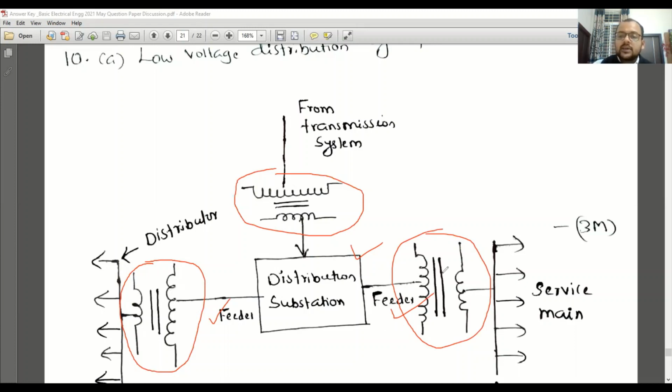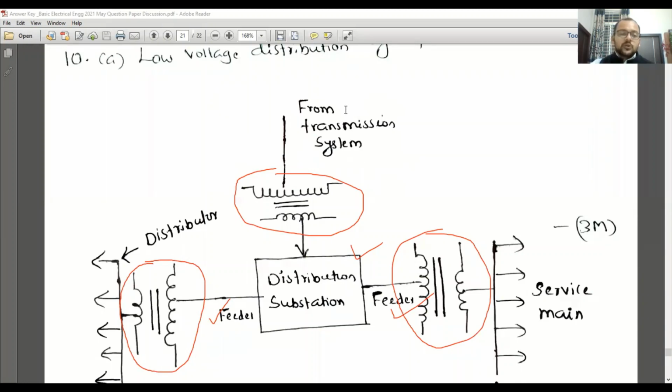There is a conductor which connects the supplying company or utility company to the customer premises. That is called a service main. You can explain briefly about service main also. There are different types of service mains, overhead, underground. However, for first year students, only the basic information about service mains is more than enough.